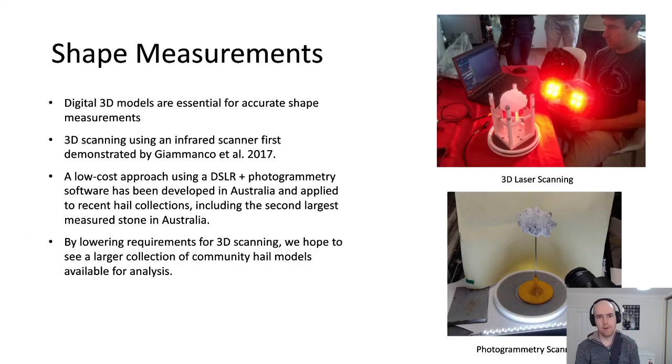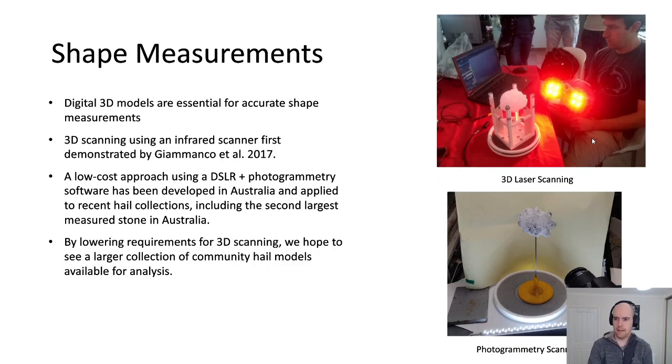To measure shape, the most accurate way is to use a digital 3D model. This was first demonstrated in 2017 by Ian using an infrared 3D scanner. In Australia we've developed a low-cost approach where we've used a DSLR and photogrammetry software, and this has been applied to recent hail collections, including the second largest measured hailstone in Australia.